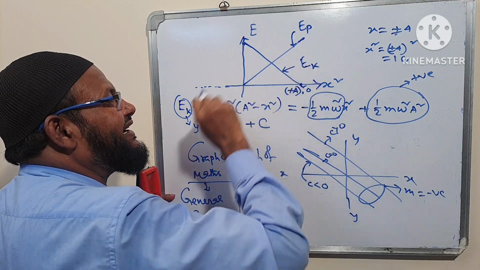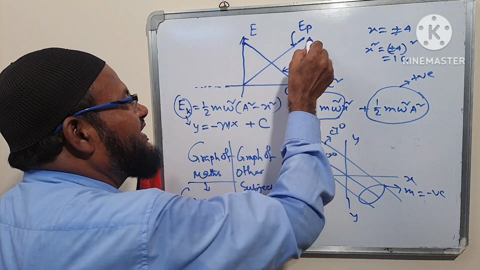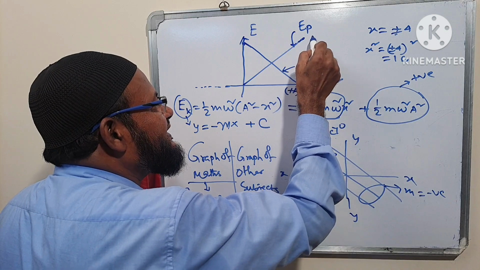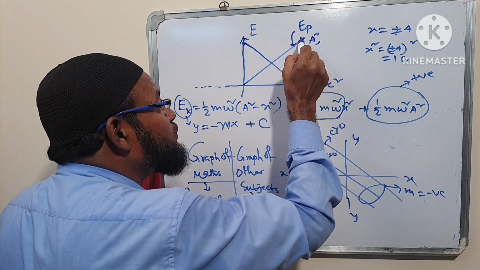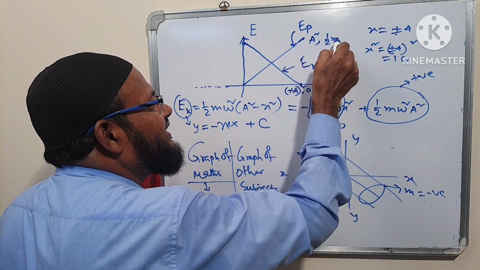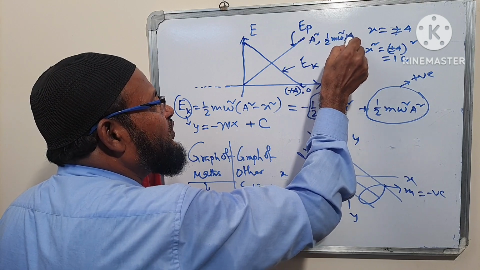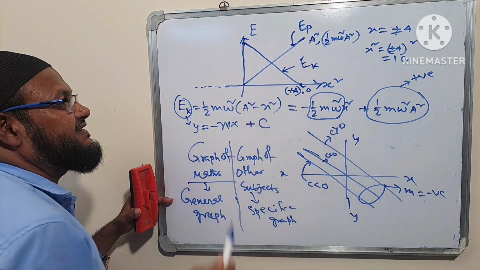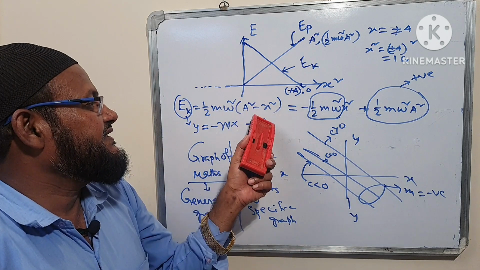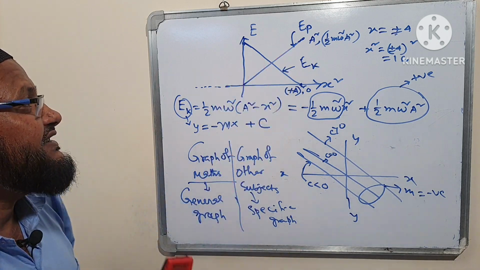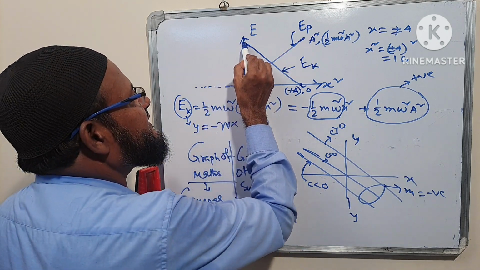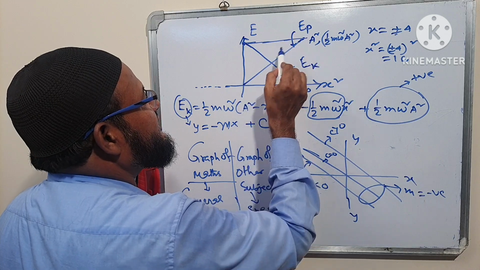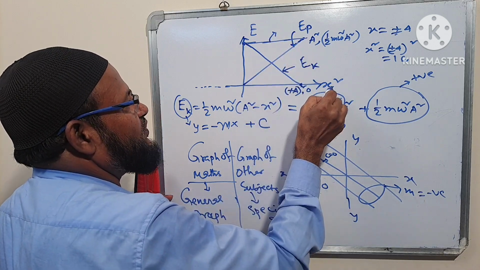But what is the coordinate of this point? This is very very important. What is the coordinate of this point, sir? a square comma half m omega square a square. This is kinetic energy. This is potential energy. What is the total energy? Sir, this is the graph of total energy. It does not depend on x square.